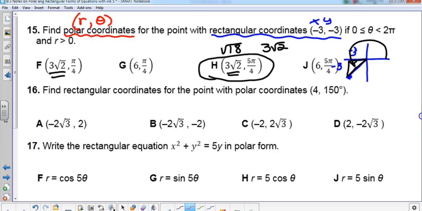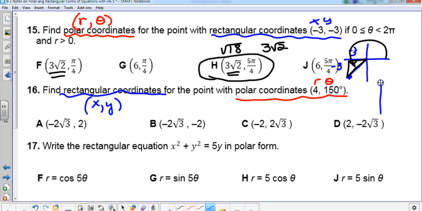All right, what is number 16 giving us already? An R theta, and it's asking us to find what? An X and a Y. Okay, got to watch the vocabulary. All right, so if we went around 150 degrees and out exactly 4, how do we find the X and the Y?